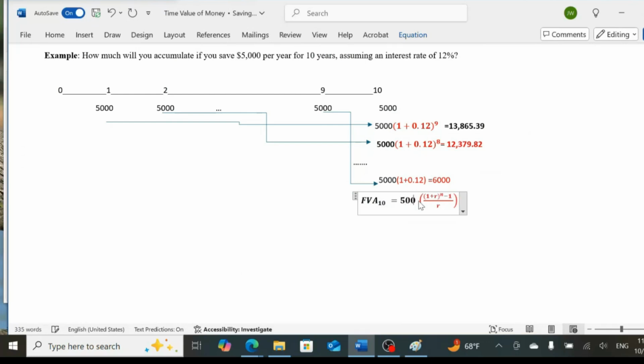PMT 5,000, R 0.12 and 10. Again, 0.12. So just one formula will solve the problem.